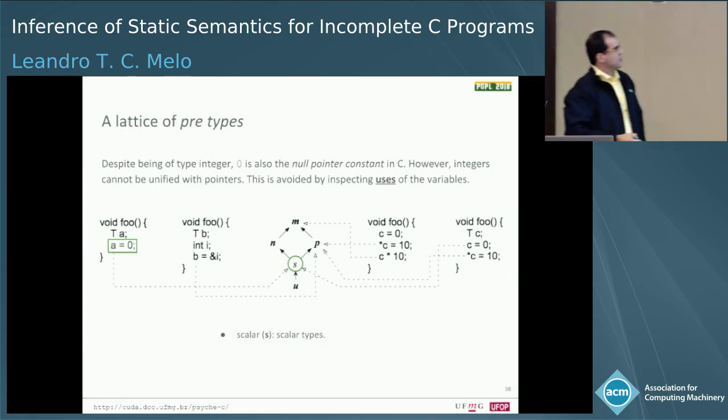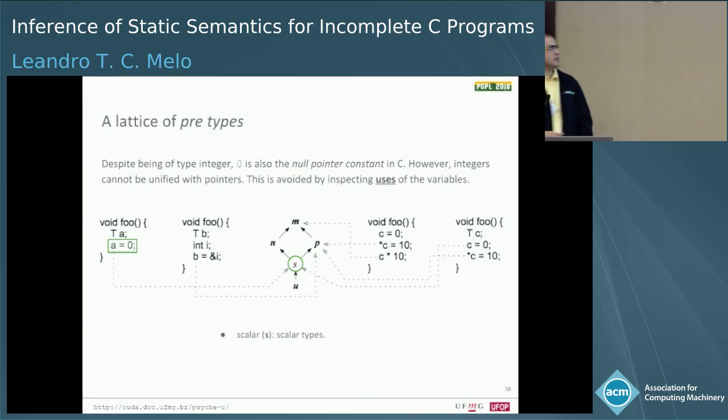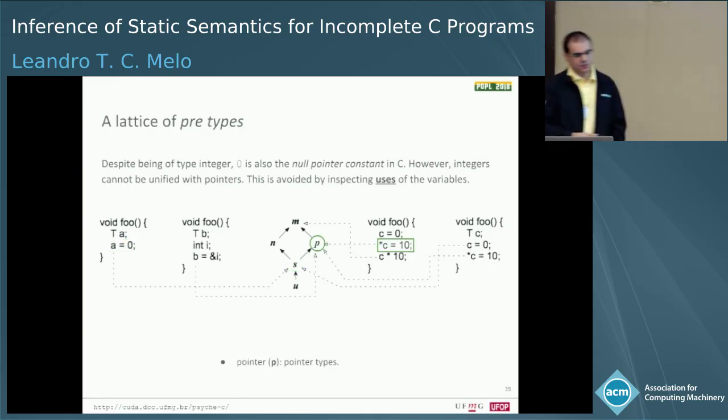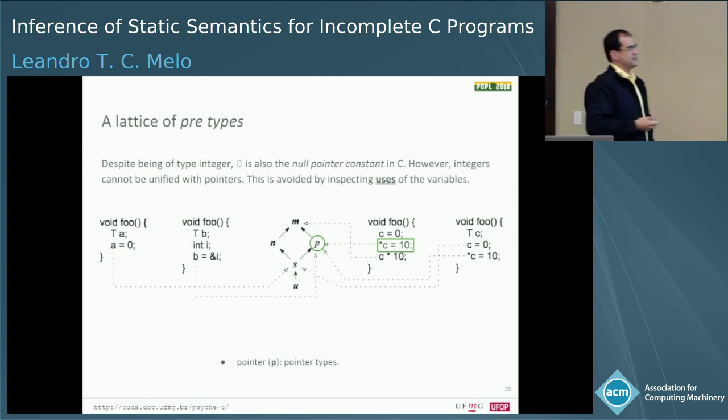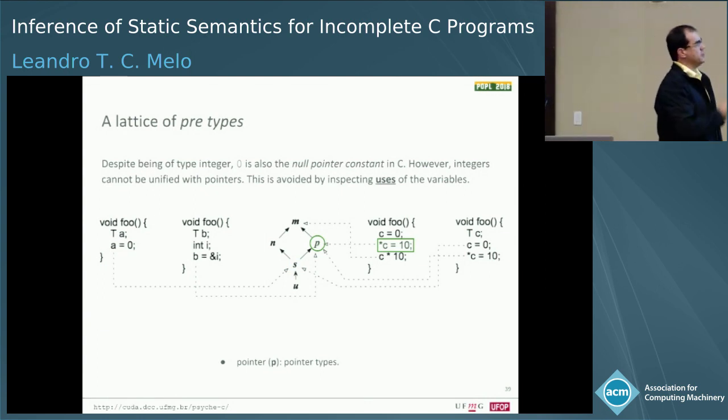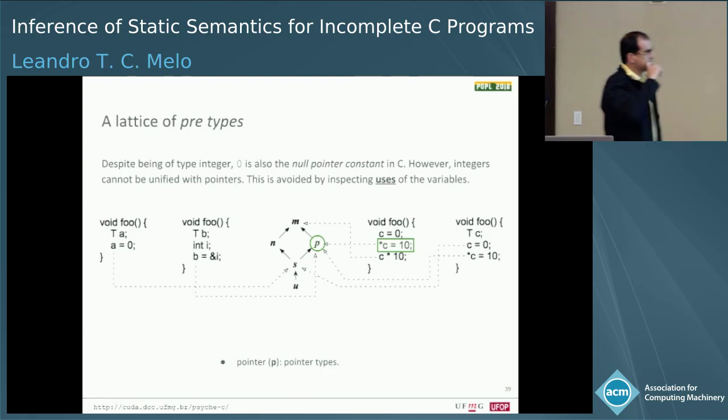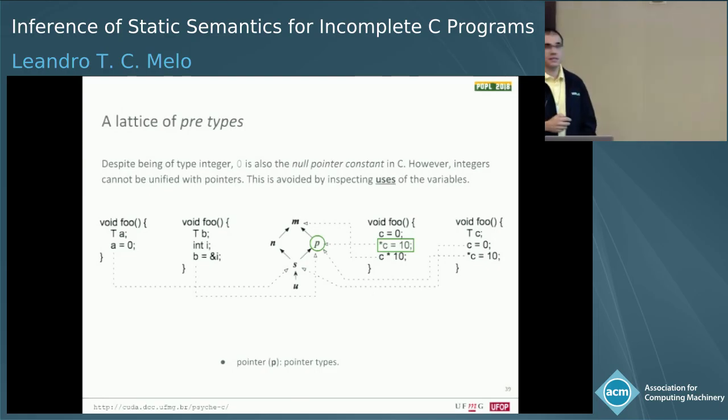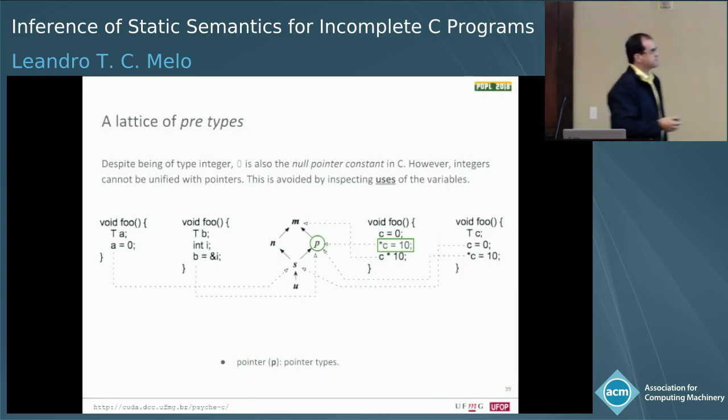So in this case, when we see that A equals 0, we already know that it must be a scalar type, right? If we see a dereference, we must be dealing with a pointer type.